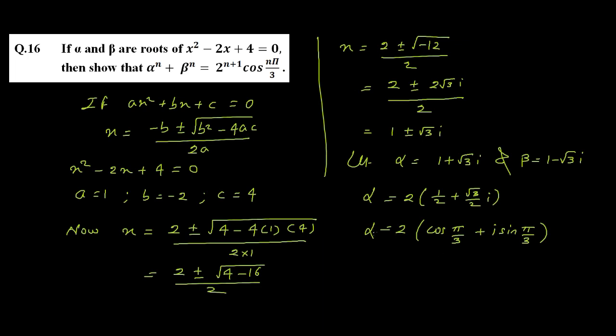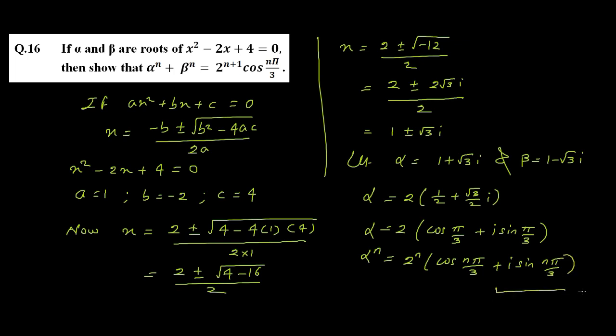Okay, and from here I can write alpha to the power n. If I apply de Moivre's theorem here, alpha to the power n will become 2 to the power n, cos n pi by 3 plus iota sine n pi by 3.